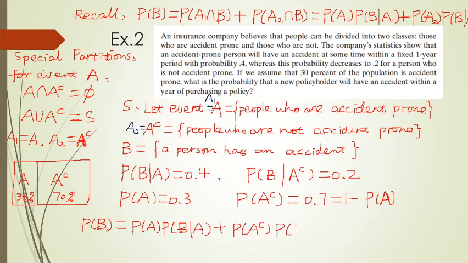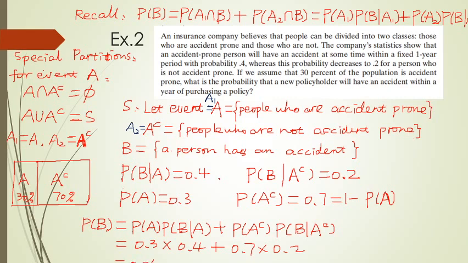The calculation is pretty simple: 0.3 times 0.4 plus 0.7 times 0.2, and the final answer will be 0.12 plus 0.14, so 0.26, right?